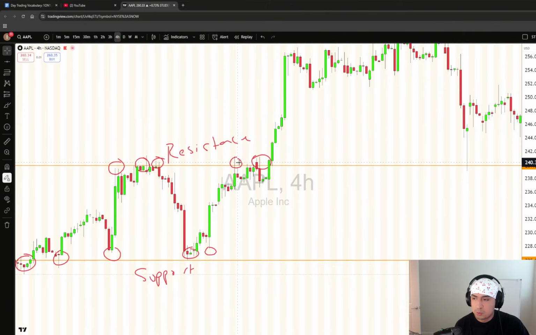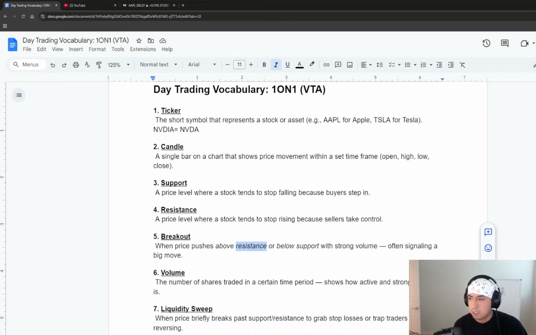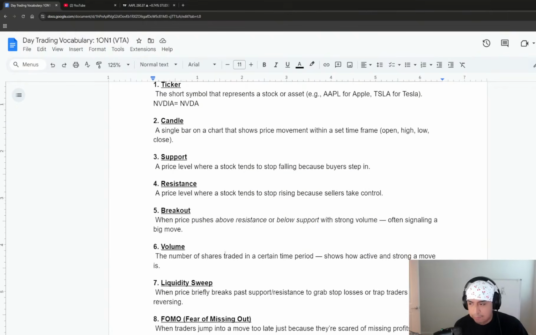When the market was resisting at the time, that was like 2 or 3 days of resisting. Now look what happened after it broke above the resistance. That's where the volume started kicking in, and that's where the big volatility pushed the market up. So that's what this breakout means. When price pushes above the resistance or below support with strong volume, it often signals a big move is about to happen. So that's number 5.